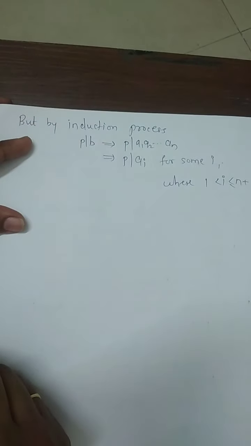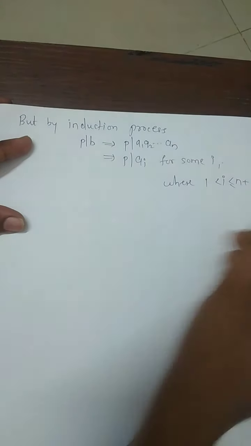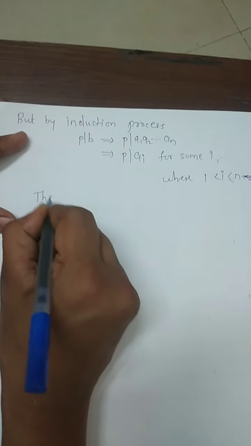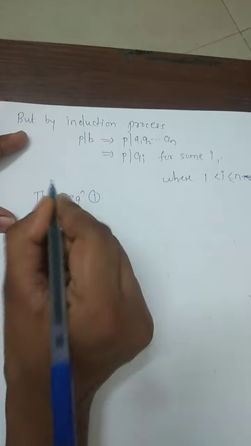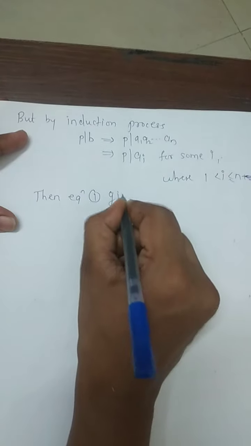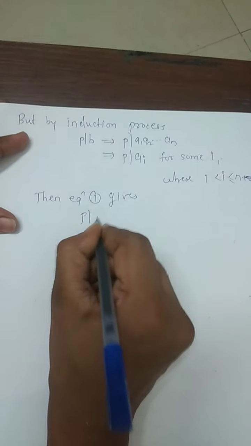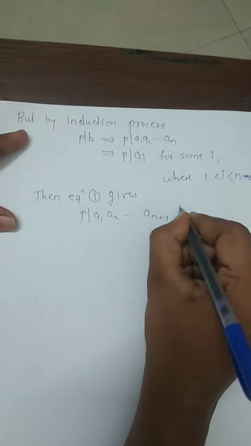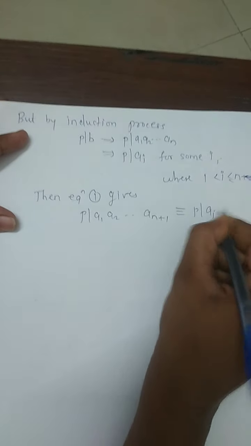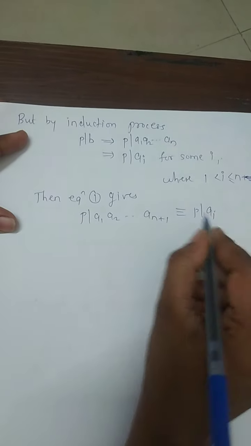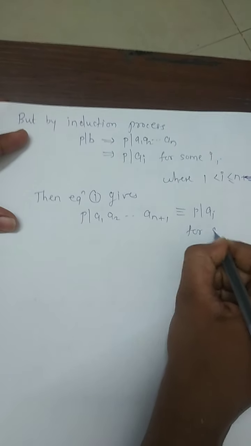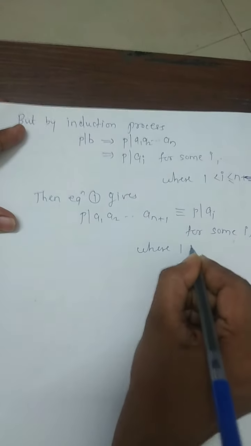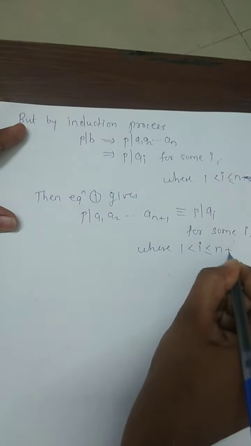Then equation 1 gives P divides A1, A2 up to An plus 1, which is equivalent to P divides Ai for some i, where 1 is less than or equal to i is less than or equal to n plus 1.